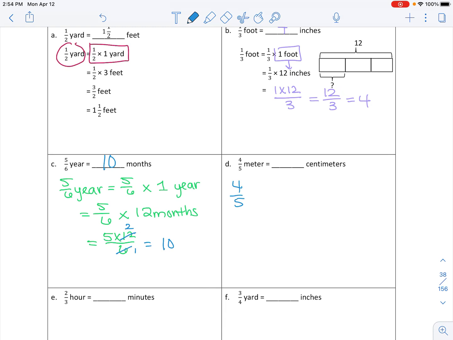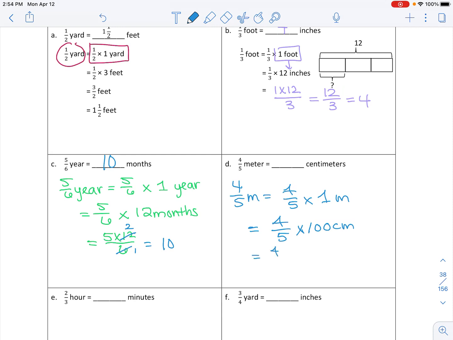Now we have 4/5 of a meter equals 4/5 times 1 meter. Now I want you to pause the video. Replace 1 meter with how many centimeters? Use your reference sheet if you need to, and then come back and check your work. One meter is 100 centimeters.